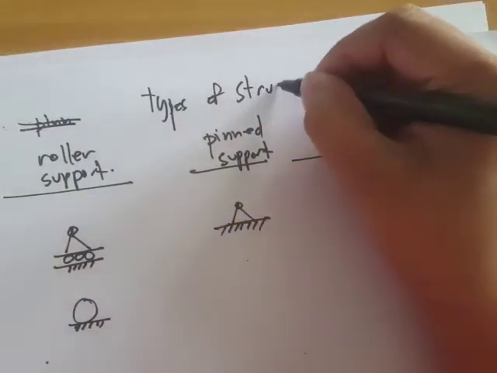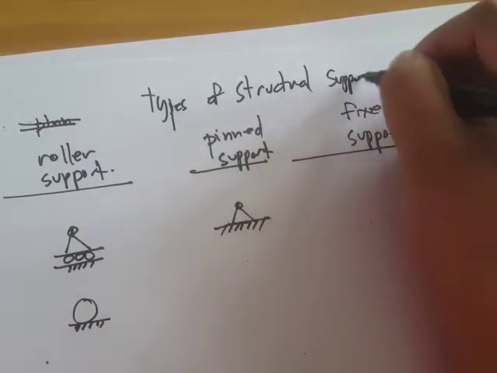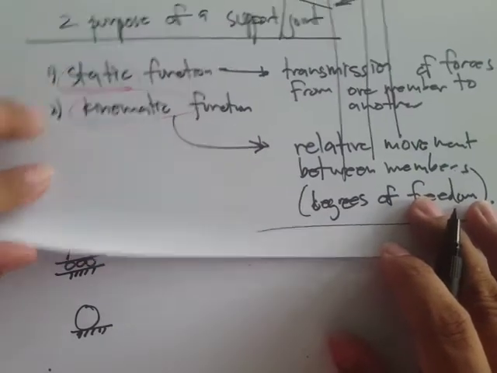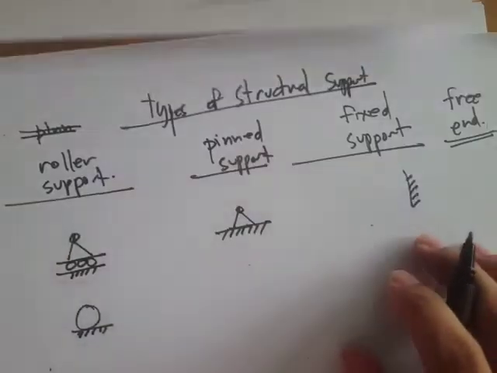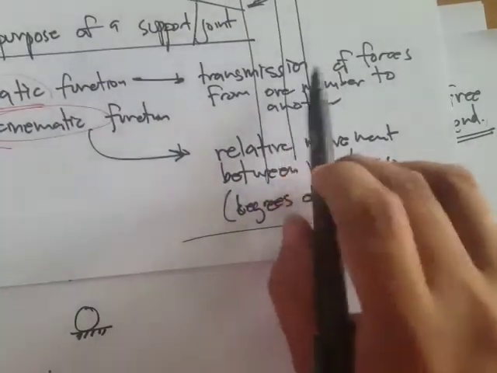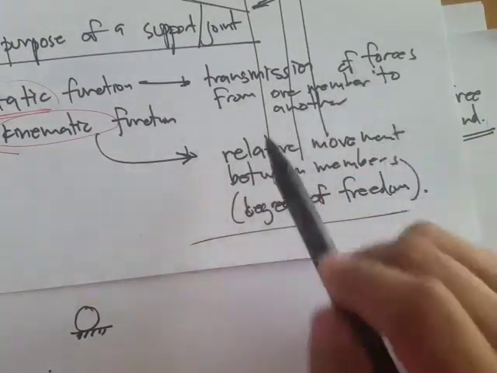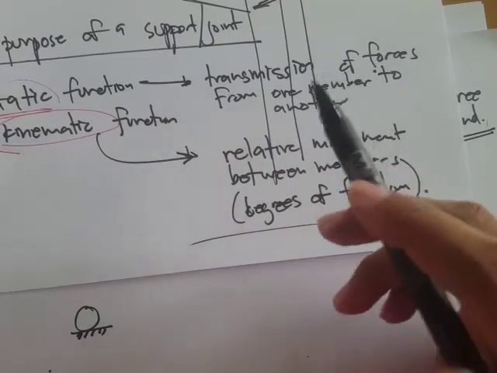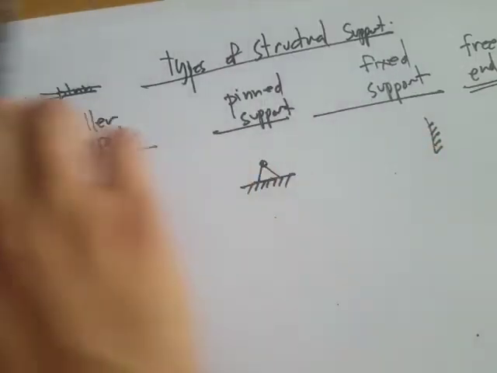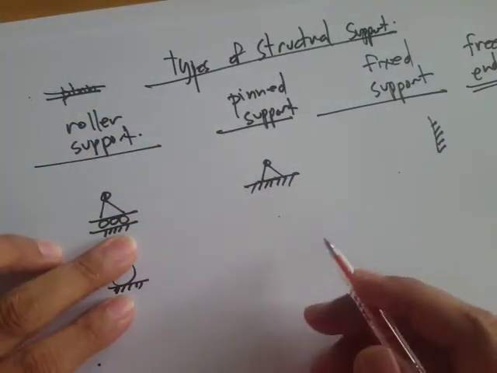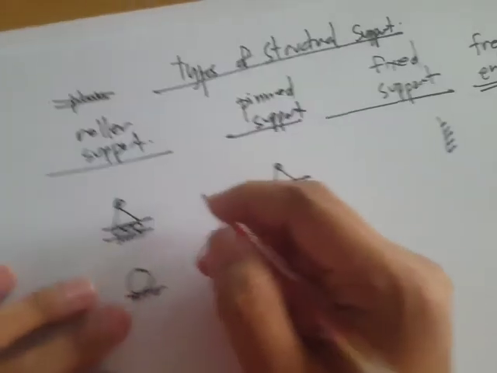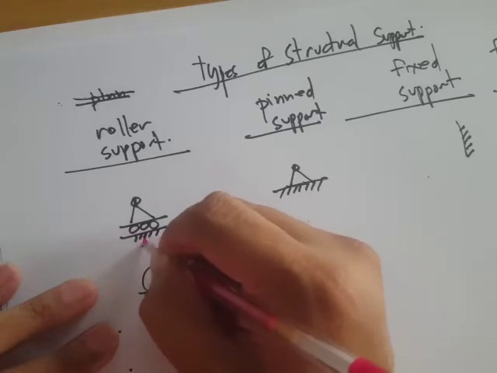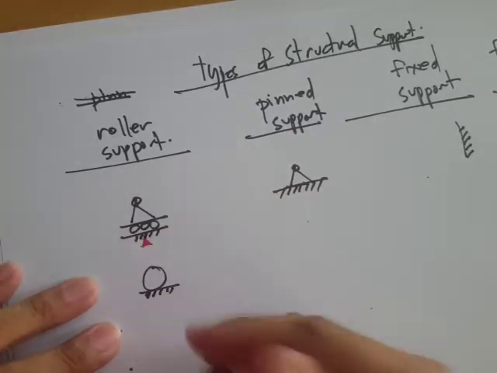Okay, so these types of structural supports can be understood if we look at the static function and the kinematic function. Meaning that we'll look at each support in terms of the transmission of forces or support reactions, and then the other one is the movement. Because of that force, of course there's going to be some movement. So for a roller support, this type of support has only one support reaction in terms of forces.